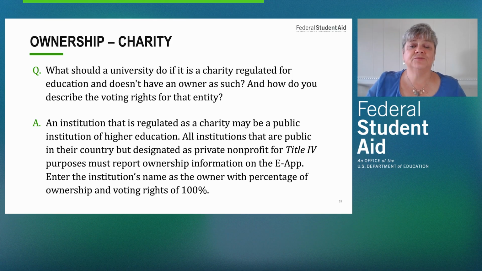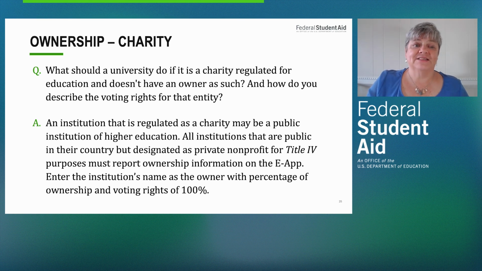An institution with this designation should verify if it is considered public in the country where it is located. All public schools that are designated as private nonprofit for Title IV purposes must now report ownership on the EAP. If you are a public school, you should enter the school's name as the entity owner.